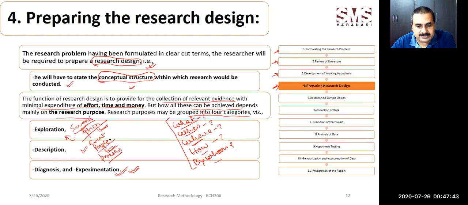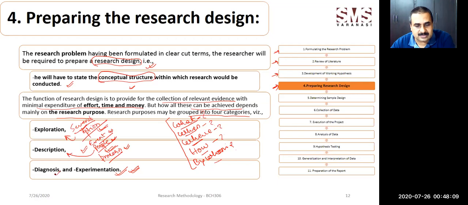We are going to describe it as it is. If an event is happening, we are expected to describe it as it is. If it is people, then we are going to state the attributes of that person, the way he or she is behaving. Or if some process is going on, we have to elaborate the process as it is. We are not expected to manipulate the variables. So this is the second research design type.